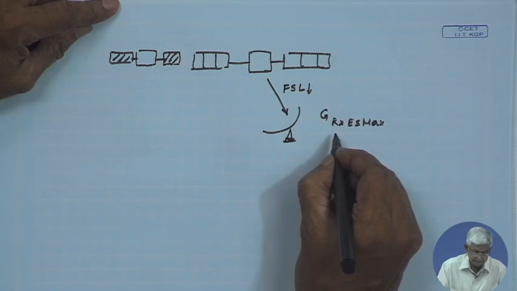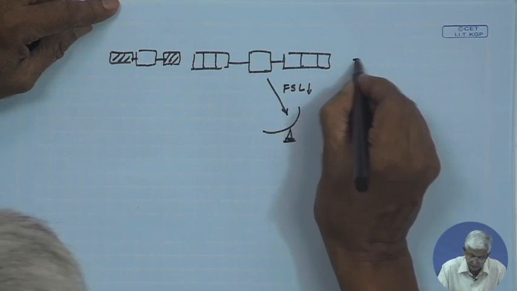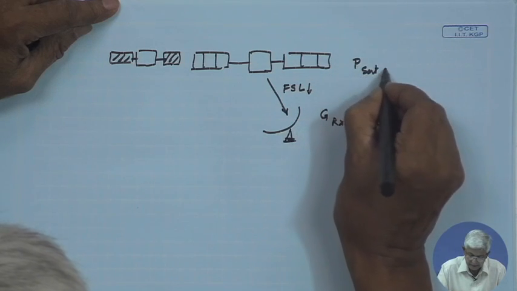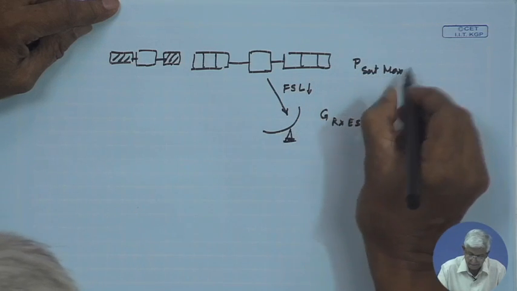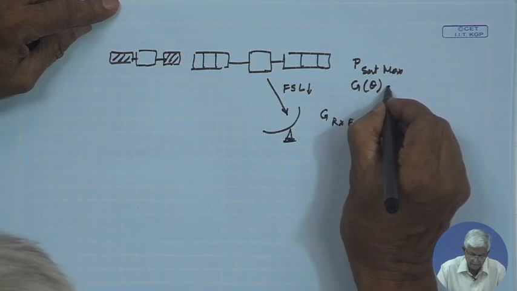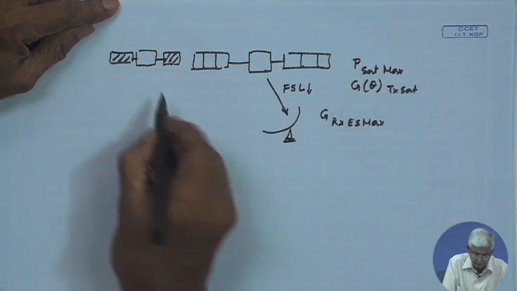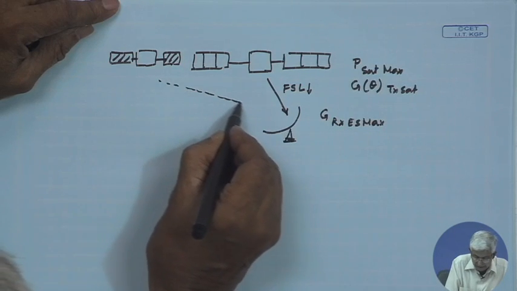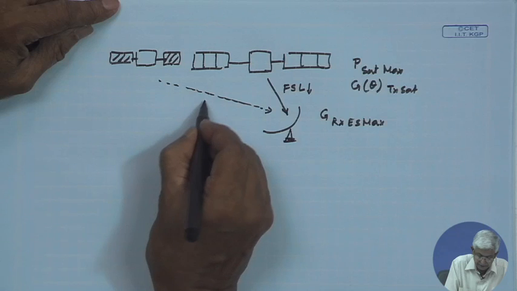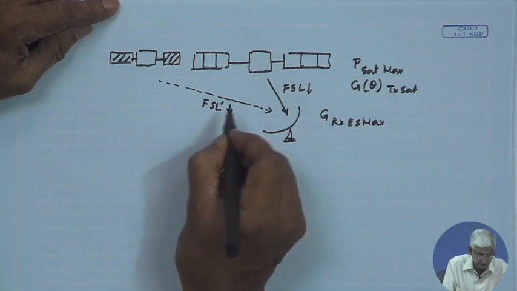but from this satellite you have P satellite max and G theta transmit satellite, it may be theta angle away. From the interfering station, the interfering link which is coming, it has a free space loss prime downlink.